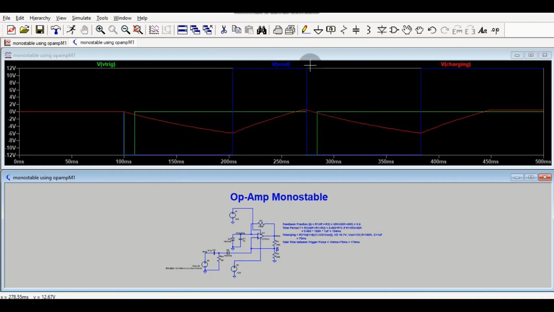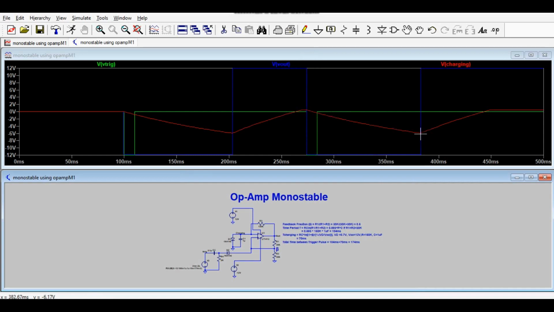As soon as you apply the second trigger pulse here, the output of your operational amplifier becomes unstable again, and your capacitor starts charging again until beta into minus VCC.